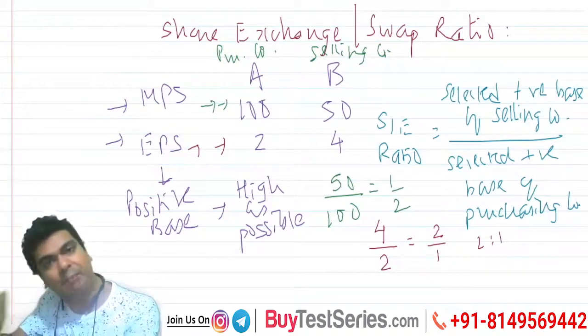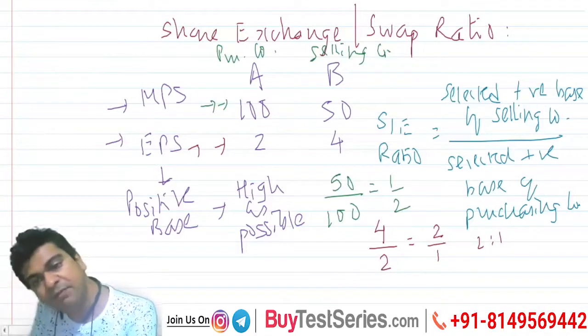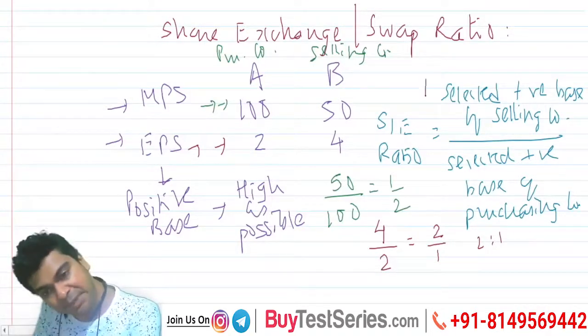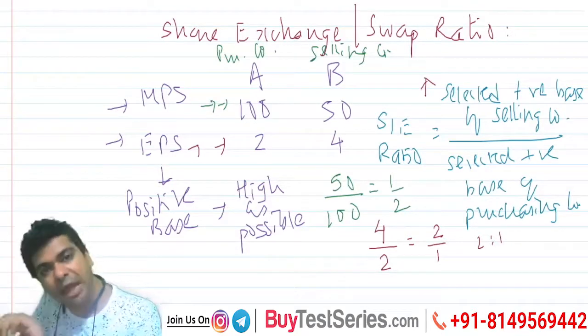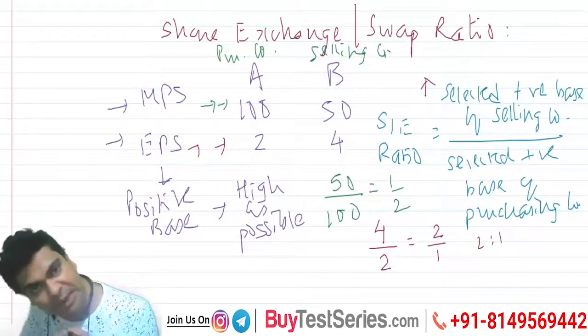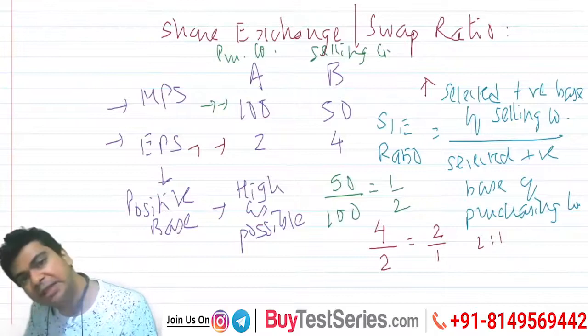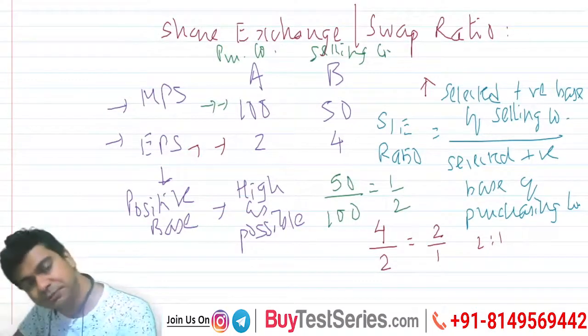This is the reason the positive base of the selling company will be in the numerator. If the positive base of the selling company is higher compared to the purchasing company, I will have to give more number of shares. And if the positive base of the selling company is lower than that of the purchasing company, I will give fewer shares.